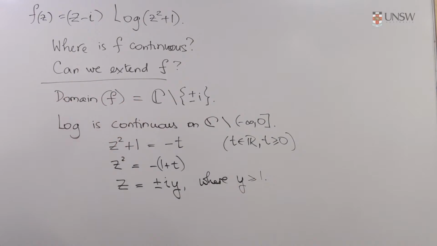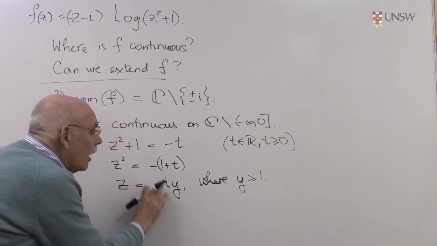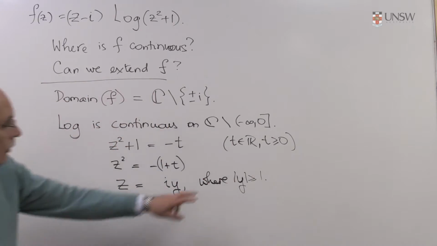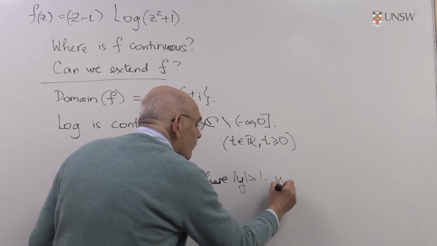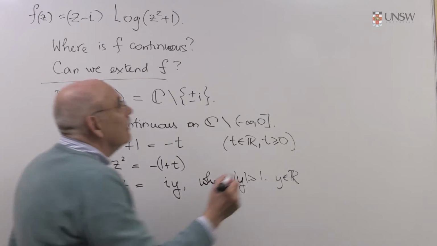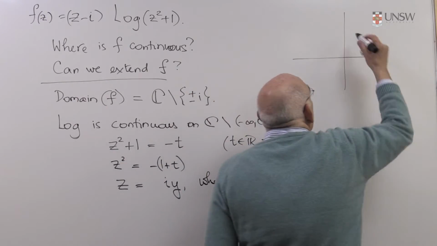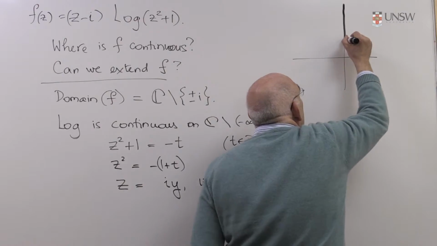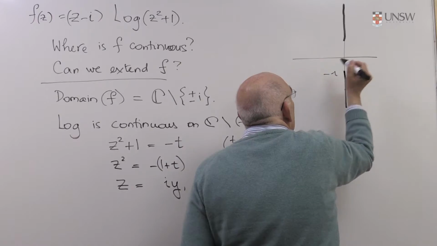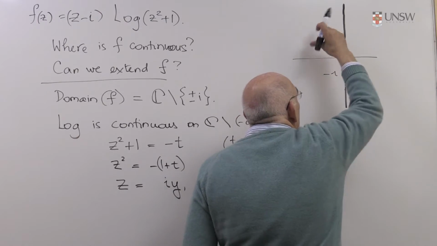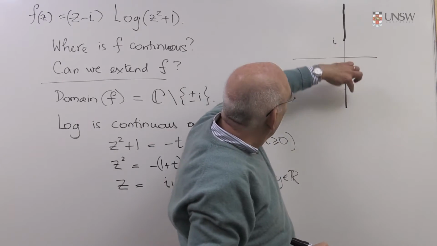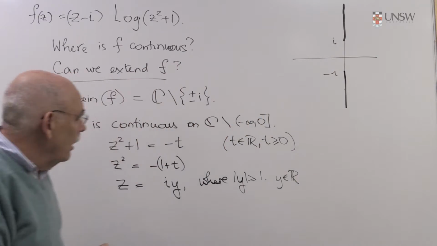Actually, we better say that z is equal to iy, where the modulus of y is greater than or equal to 1. So y here is a real, in x plus iy. So on this part of the imaginary axis between −i and i, here it is continuous, but at these points it's not continuous.